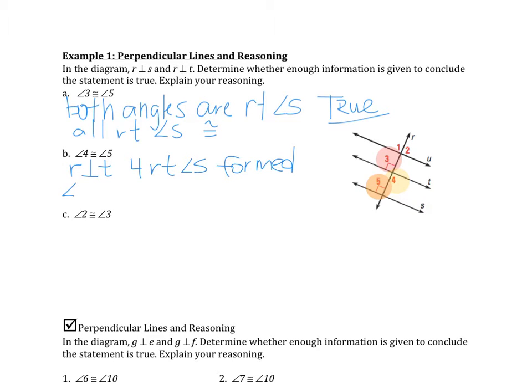So angle 4 is a right angle. So this is true. How about 2 congruent to 3? Well, I don't know anything about lines R and U. Since I don't know if angle 2 is a right angle, there's not enough info.